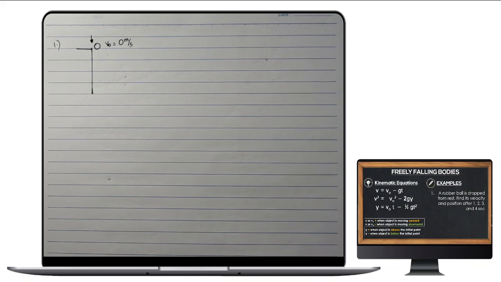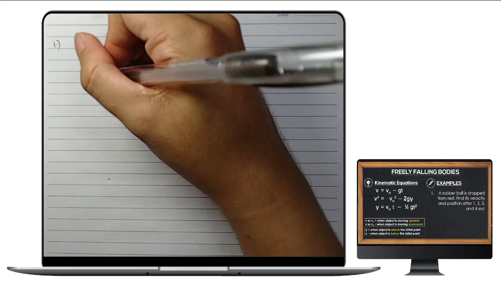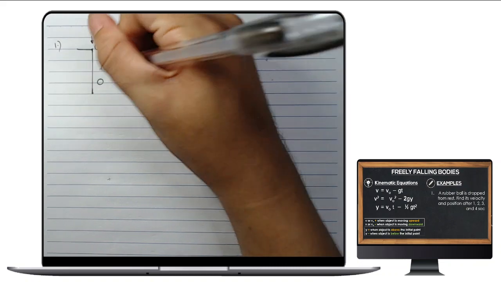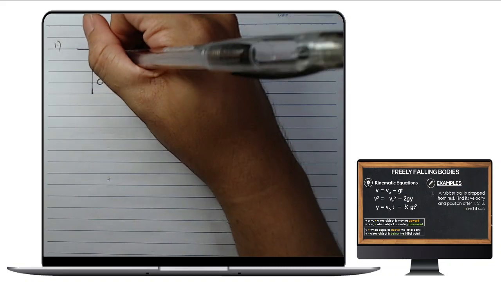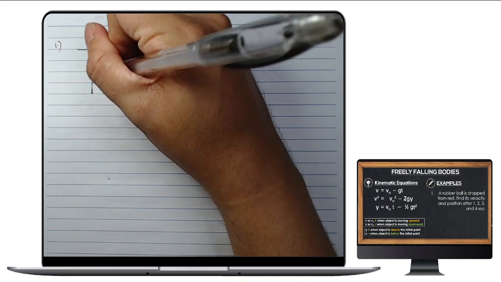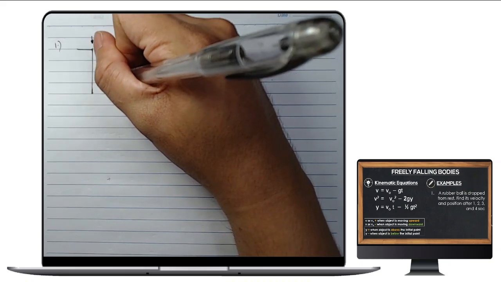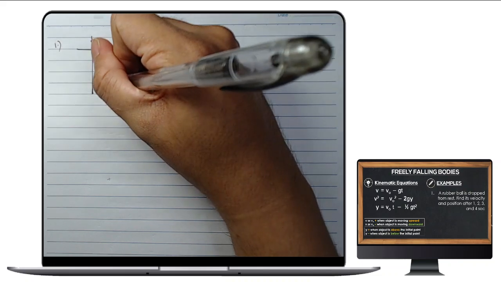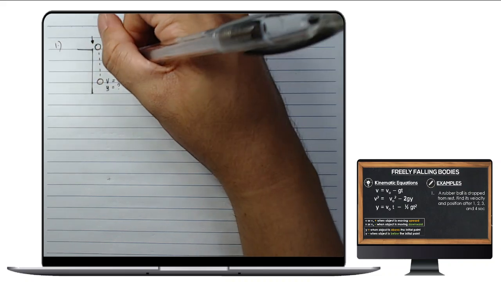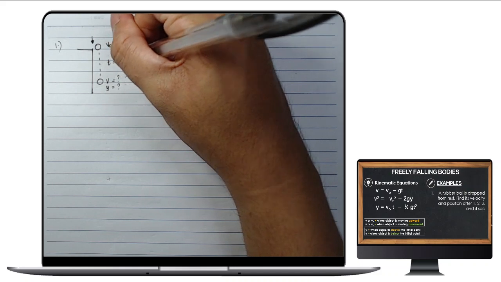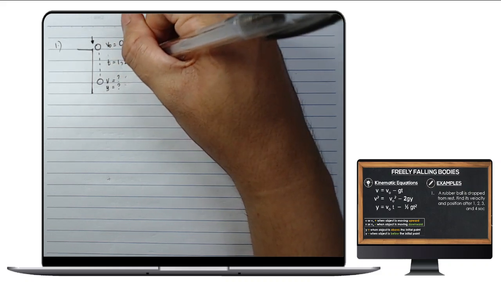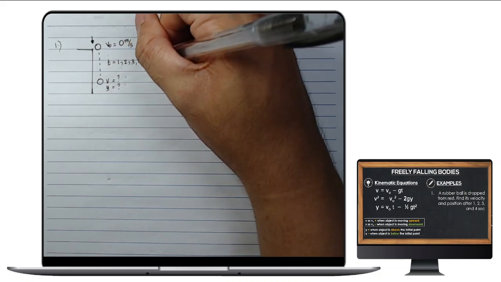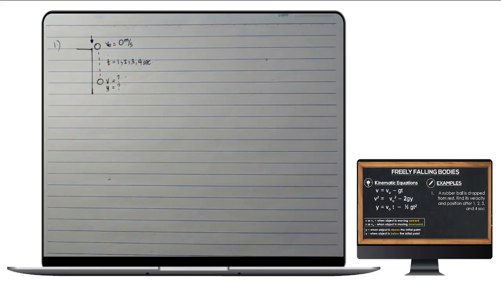So we are asked to find the velocity and position after 1, 2, 3, and 4 seconds. So let's say at this point, when you drop the rubber ball, this is its final velocity. So we find our velocity and position after t is equal to 1, 2, 3, and 4 seconds.